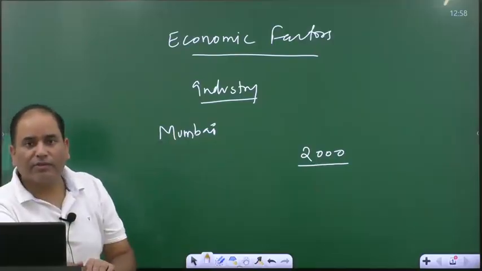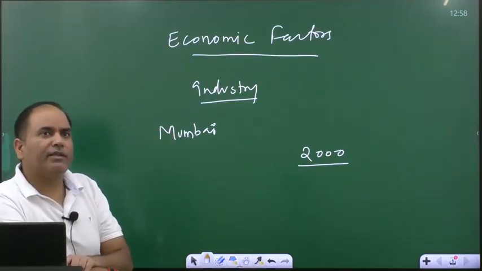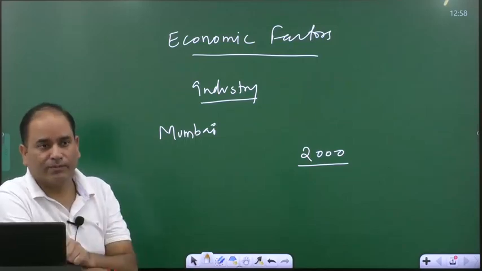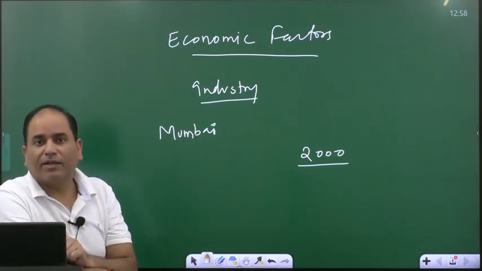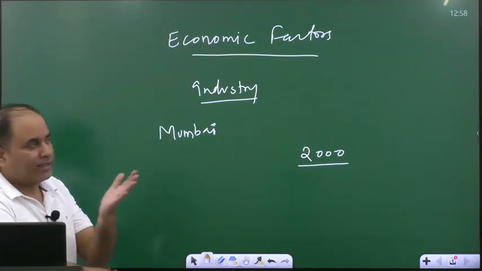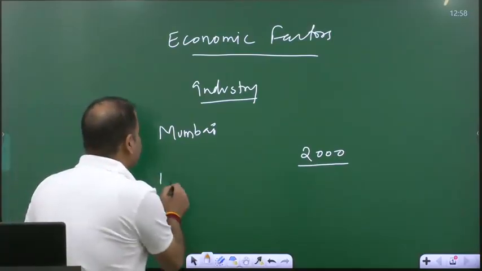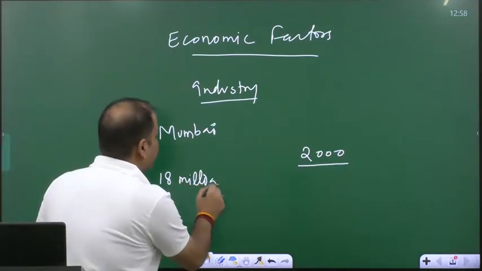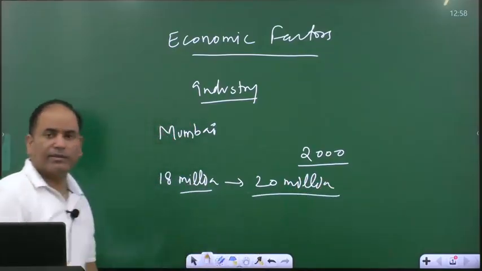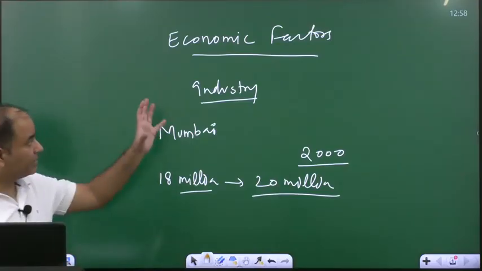After 2000, the situation changed a little bit, and one important role was played by transport, that is the metro. The moment the metro started operating, suddenly we saw a boom in the population of Delhi. Because Delhi's population, as I told you, became 32 million, whereas Mumbai's population was around 18 million as per the last census, and we are expecting that it will be around 20-21 million. So it has not increased at that rate. Why? Because Delhi has some different factors.